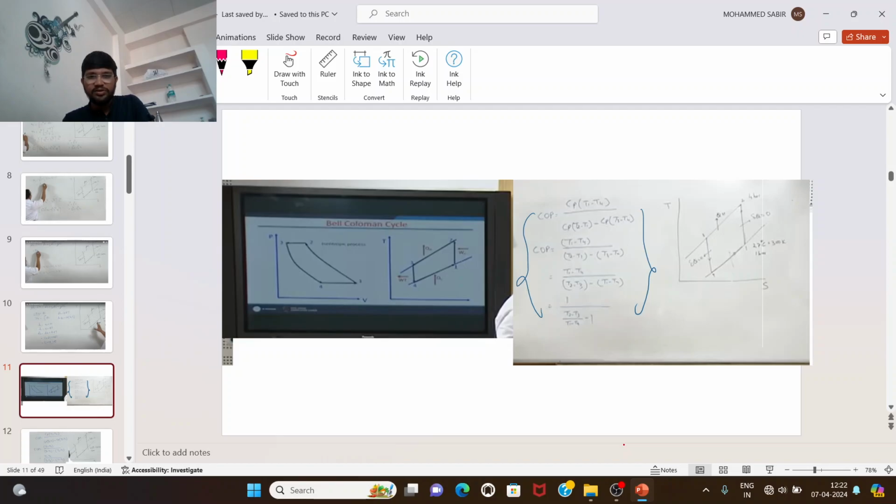It's a very basic thing, because here we use the net work: we subtract the expansion work done from the compression work done.